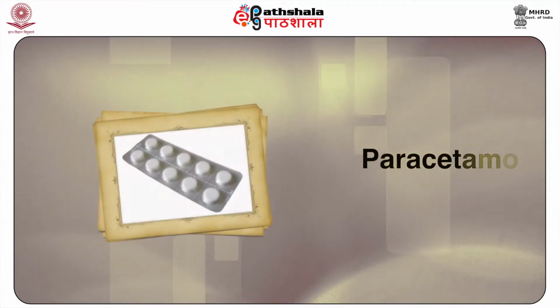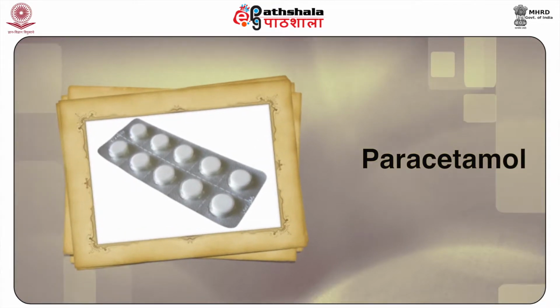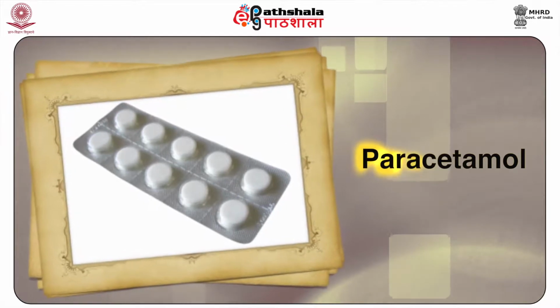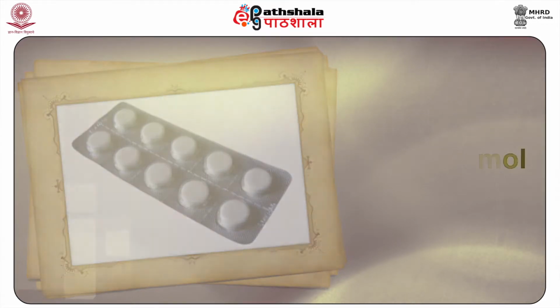Next is paracetamol, or acetaminophen, a metabolite of phenacetin, which is widely used these days in place of aspirin. Ingestion of 20 tablets of 500 mg each proves to be fatal within 3 to 5 days.